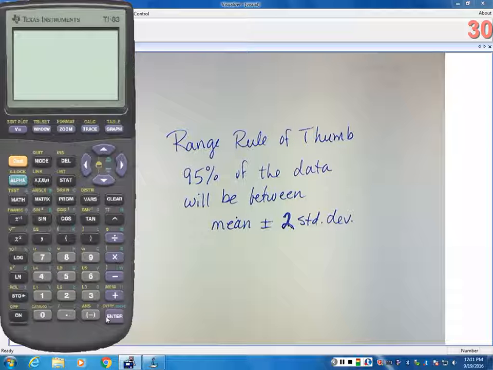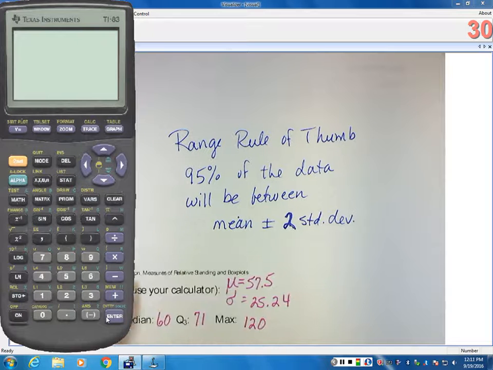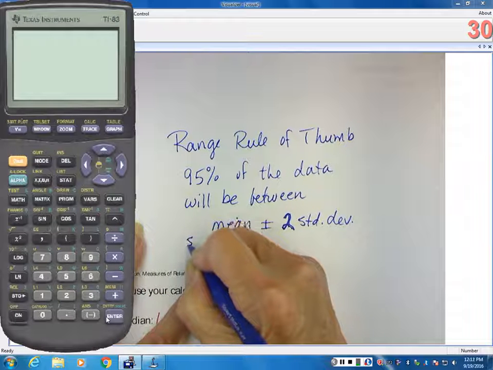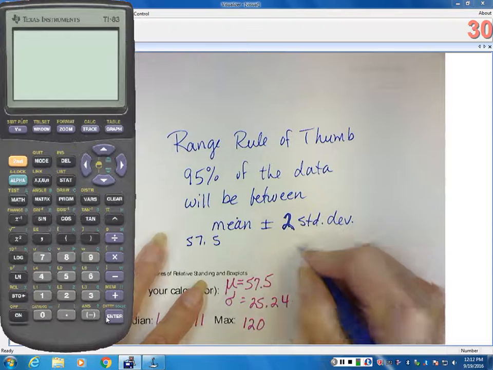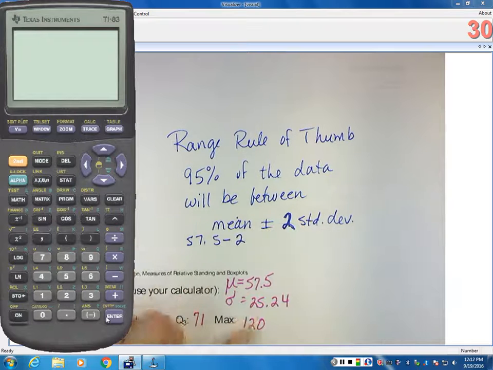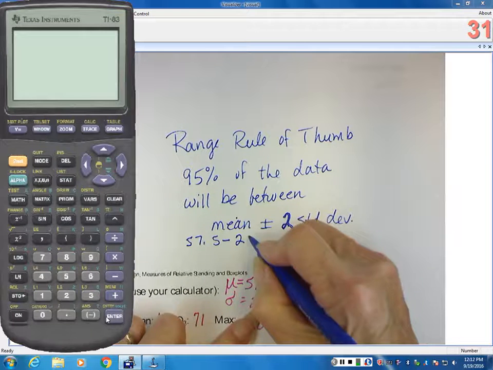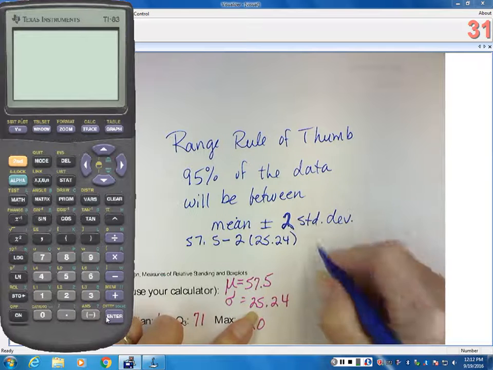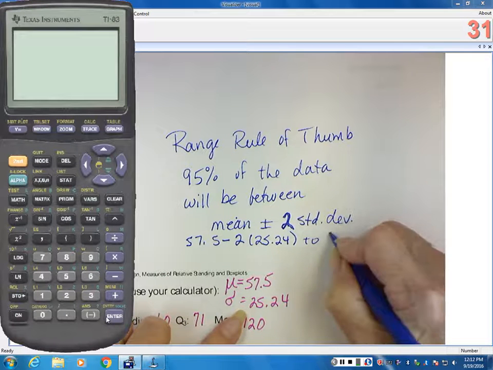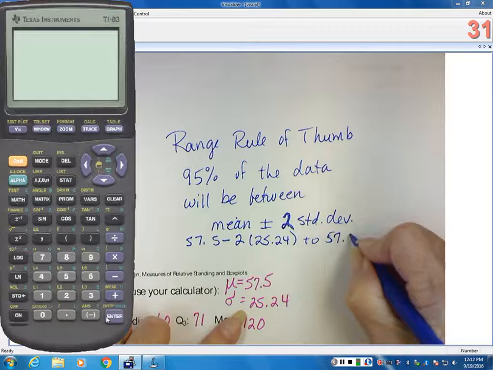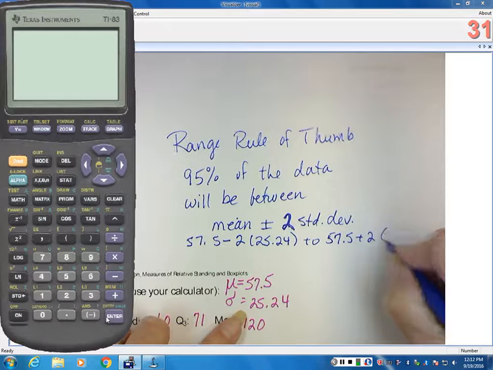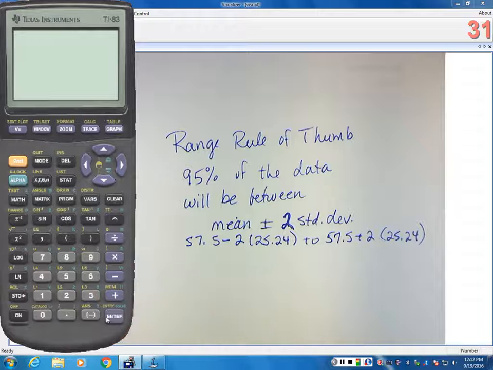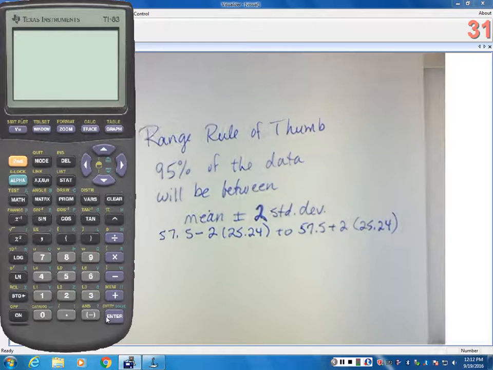So if I come back here where we calculated these two, the mean is 57.5. So the mean minus 2 standard deviations would be minus 25.24. And then the other side would be 57.5 plus 2 times 25.24. So a little quick arithmetic here.